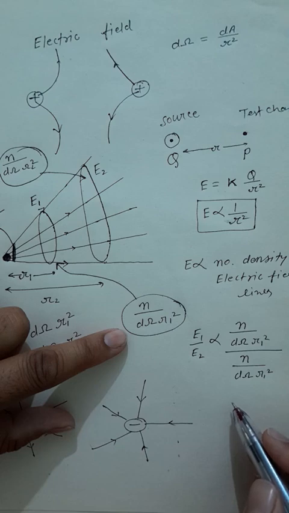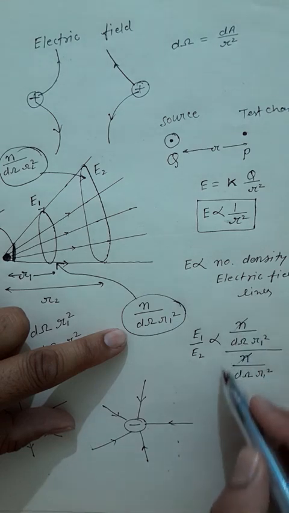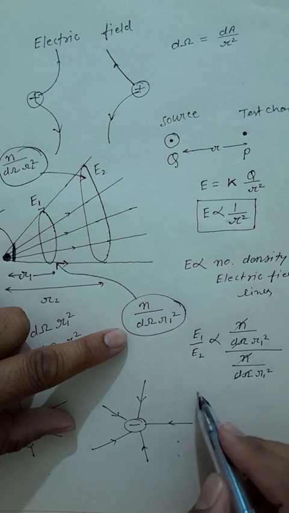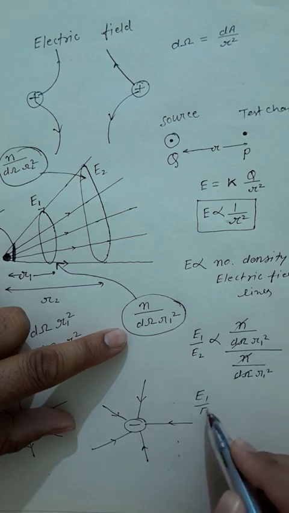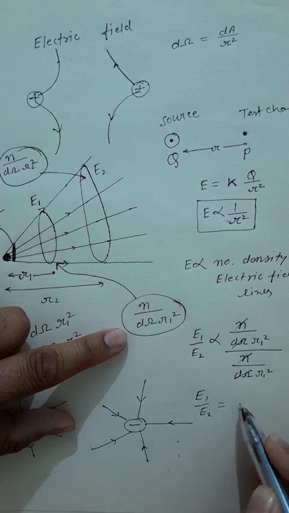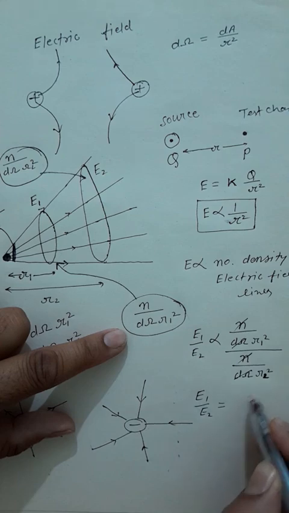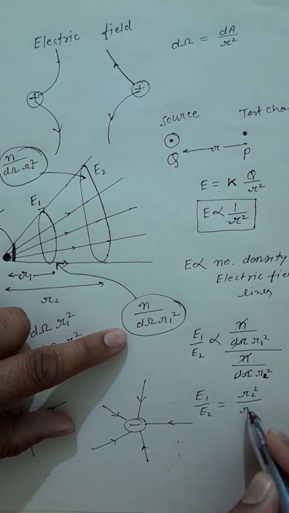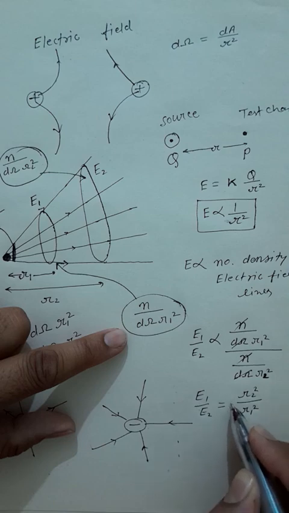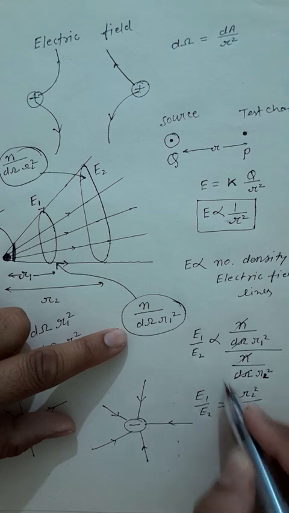From here we see that n cancels, d omega cancels. I made a little mistake here: this will be r2, it will go here. So E1 upon E2 is equal to r2 square upon r1 square. I can put a constant here because I have removed the proportionality sign.